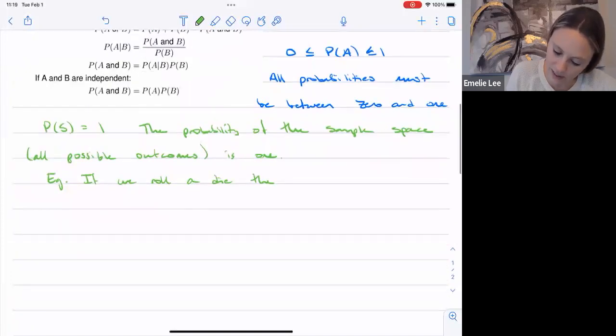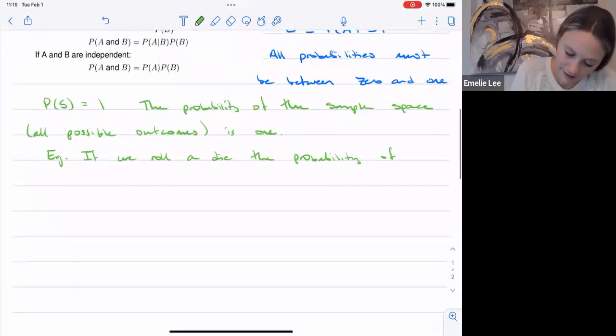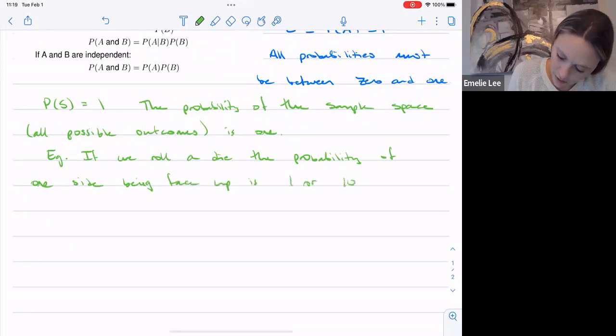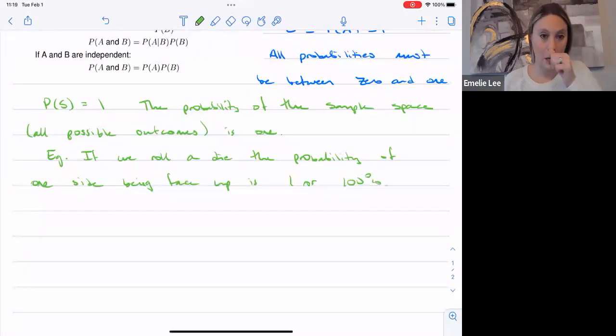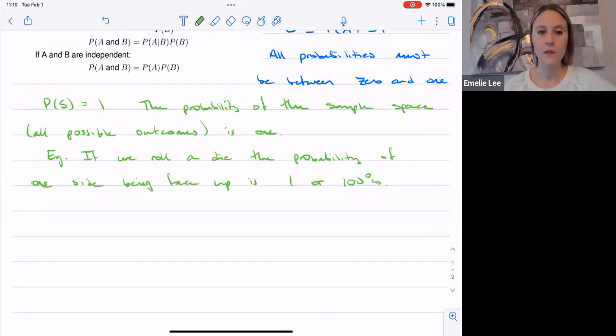So if we roll a die, the probability of one side being face up is 1 or 100%.